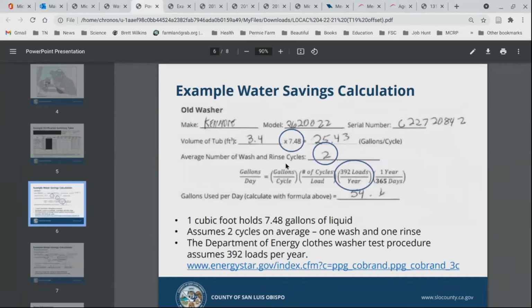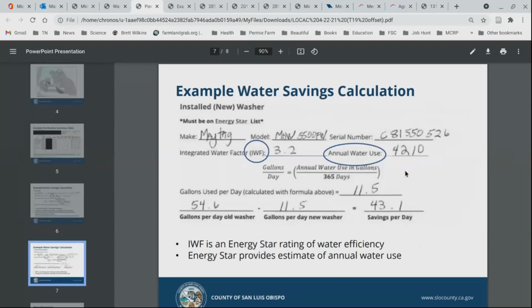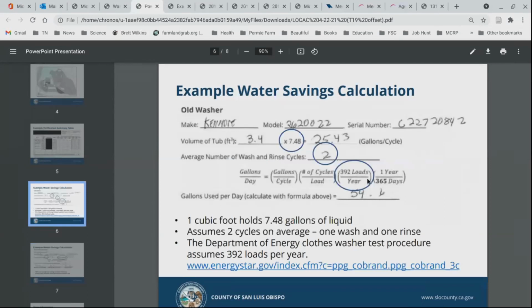The calculation used for the old washer is based on the volume of the washing machine, assuming that it fills up per cycle. But Energy Star has automatic sensors. So this annual water use number is based on the Energy Star test data, and they base it on 392 loads per year. So to be comparable, that's why this methodology currently uses the 392 loads per year.